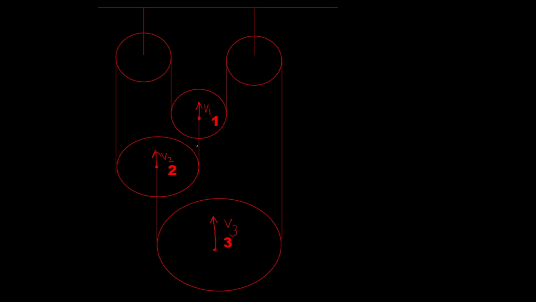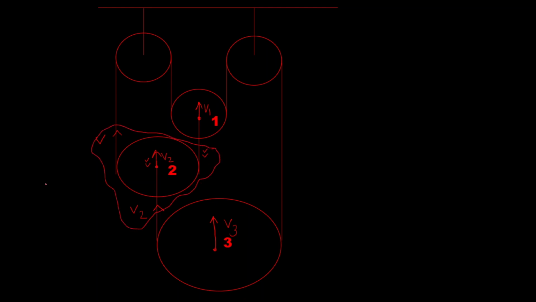Okay, so what I can say is, let us also assume that the velocity of this part is V. Okay, so if this part is V2, we can also say, since this is connected with this thread over here, the velocity of this part is also going to be V2, right? So in this part, I am just assuming this is the third type of pulley over here.